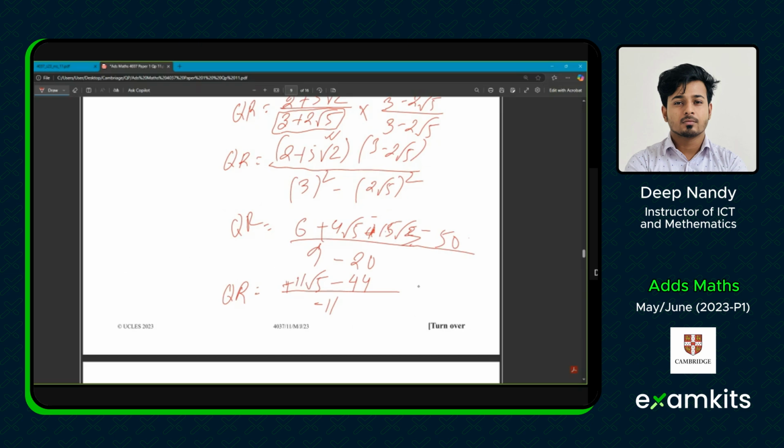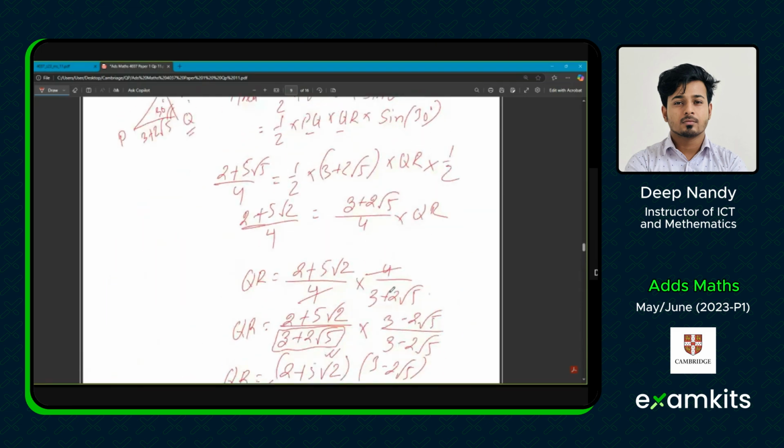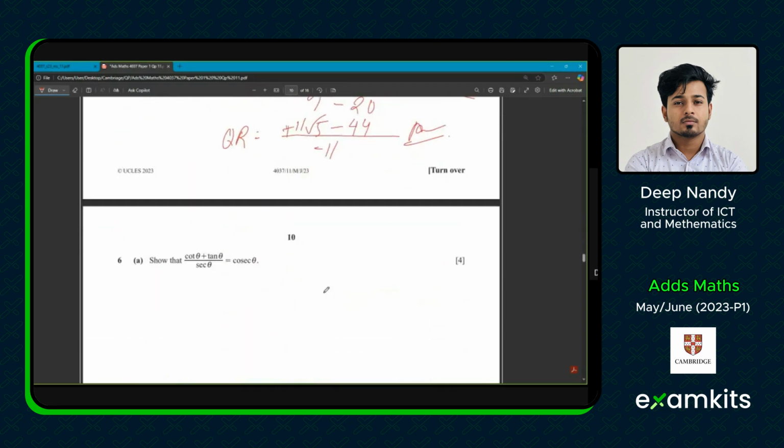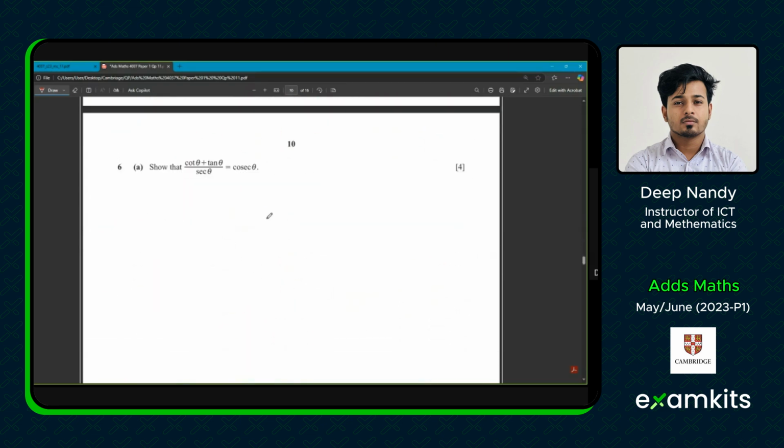This was the answer. So we get in here that QR equals to 11 root 5 minus 44 divided by minus 11. This is the value of our question B.